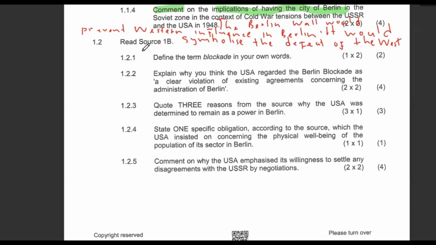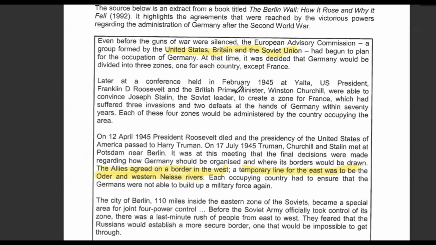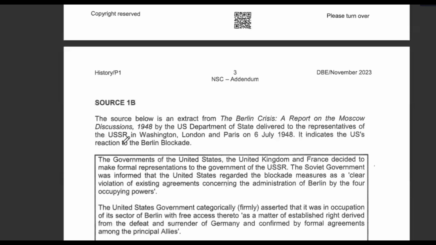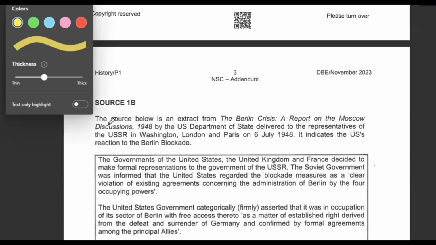Now, let's go to source 1b. When you deal with source 1b, you'd also want to go through it. So for this purpose, we would just go through source 1b, then we would highlight the key points. The source below is an extract from the Berlin Crisis, a report on Moscow discussions, 1948, by the US Department of State.